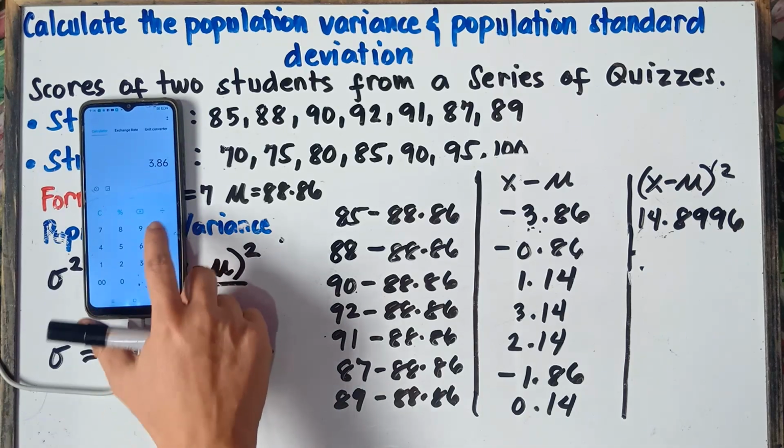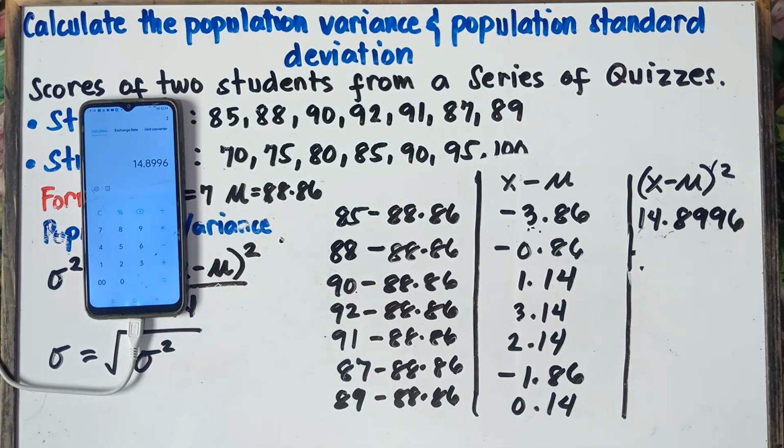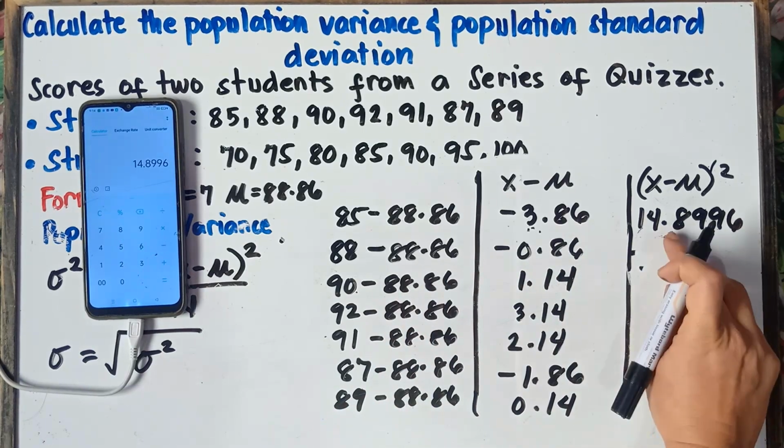So 3.86 times 3.86 is 14.8996. Copy all the decimals.